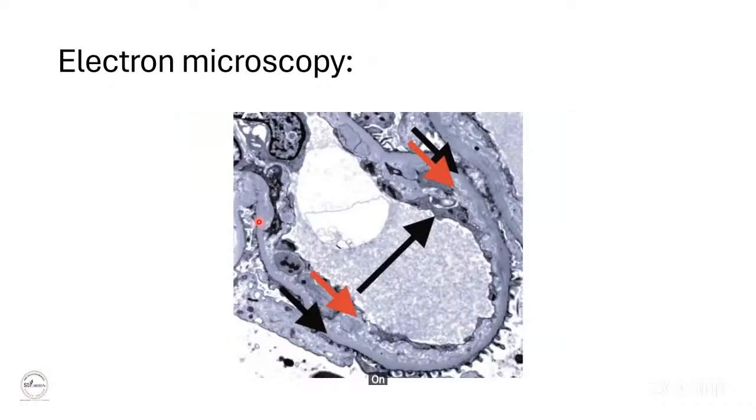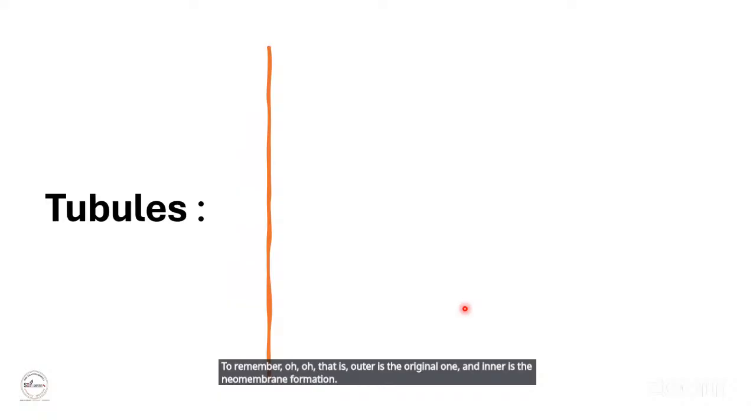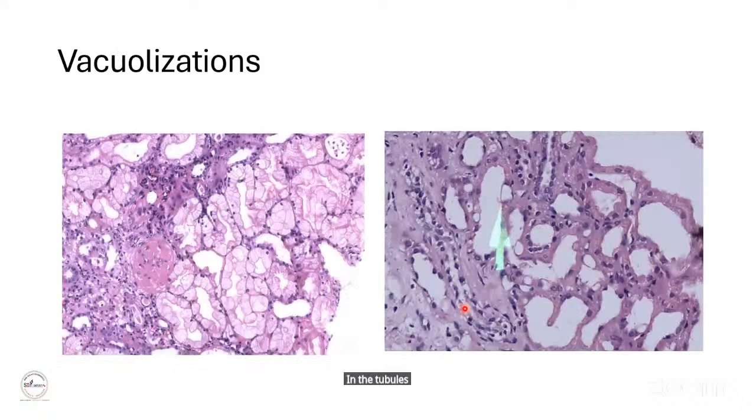On electron microscopy, there will be splitting of the GBM and neomembrane formation. To remember, O, that is outer is the original one and inner is the neomembrane formation. In the tubules, we will see early changes as vacuolizations. So the vacuolizations, they are isometric.